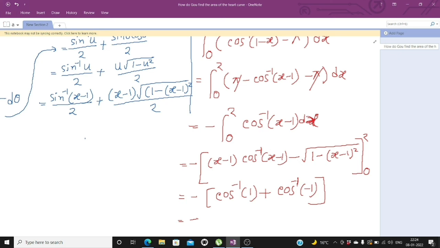But at x equals pi, cos becomes minus 1, right? See, the graph of cos is decreasing, and when x equals pi, cos becomes minus 1. So cos inverse minus 1 is pi. So this is minus pi.